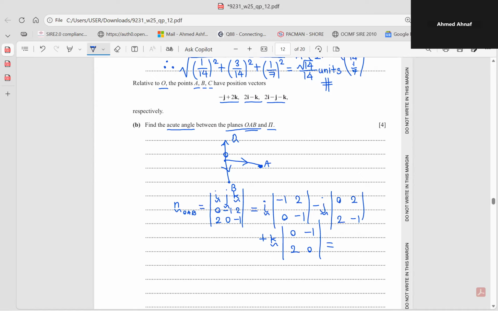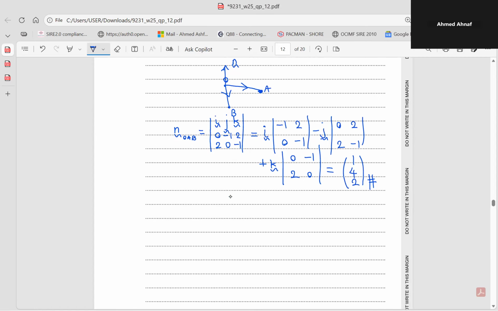Or you can do it in your calculator as well. So define 3-dimension, 2, 0, negative 1. So vector A times vector B, you would get 1, 4, 2 as the normal vector.